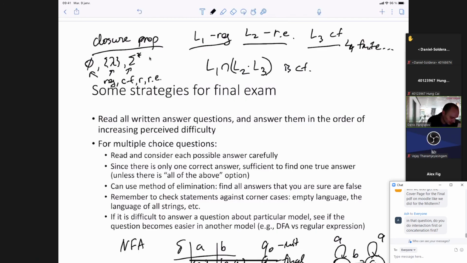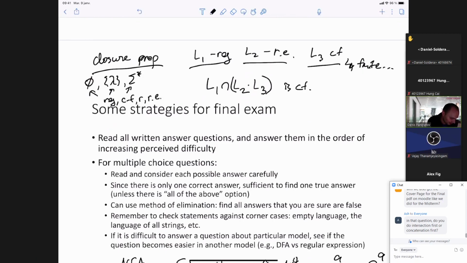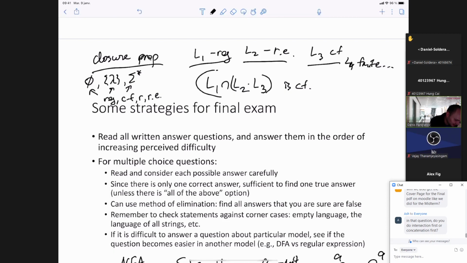First of all, out of these 3 languages, the language that might prevent the result from being context-free is L2, because you can have a recursively enumerable language which is not context-free, such as A to the N, B to the N, C to the N. If that's the case, then you want to arrange languages L1, L3 so that the result is just the language L2.